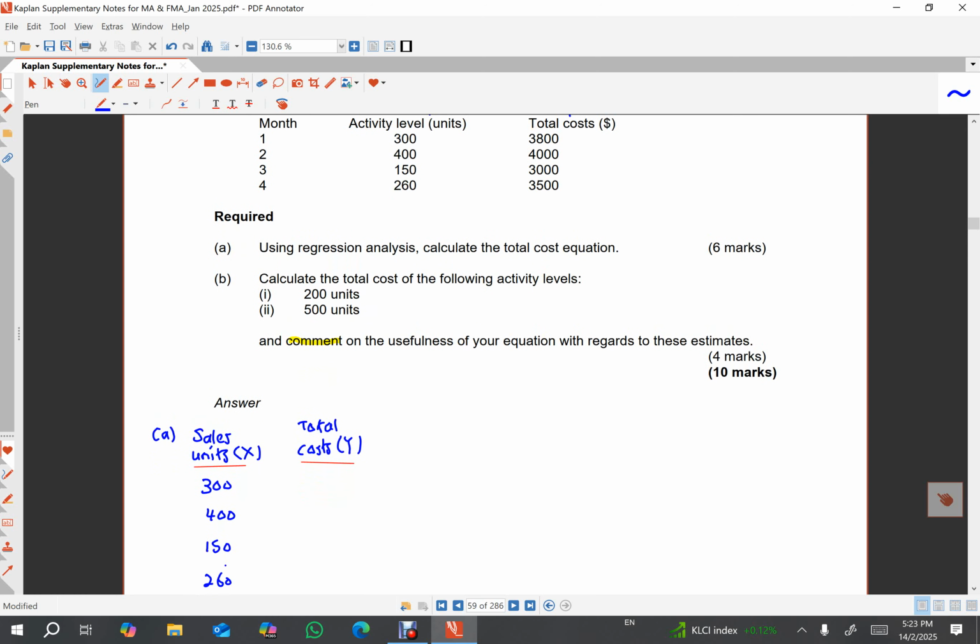Total cost Y: 3,800, 4,000, 3,000, and 3,005.